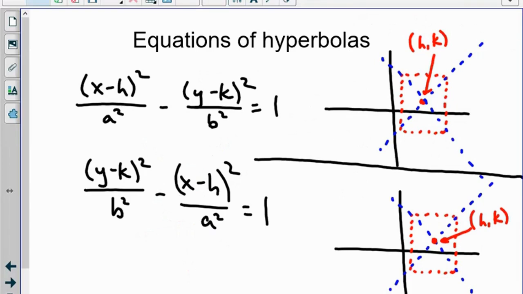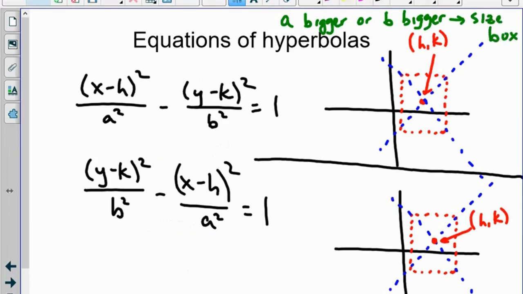For a hyperbola, a or b's size does not matter in terms of where the hyperbola opens. So that is important. If a is bigger, or if b is bigger, all that does is change the size of the box.